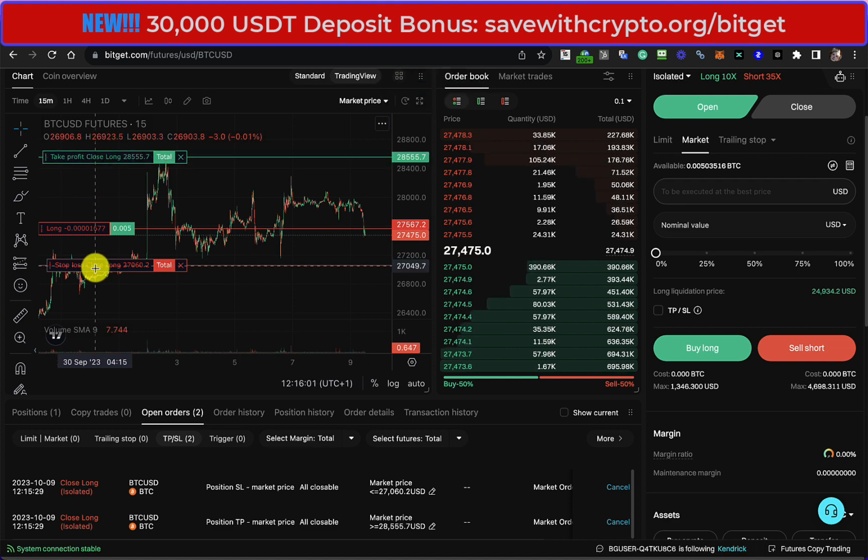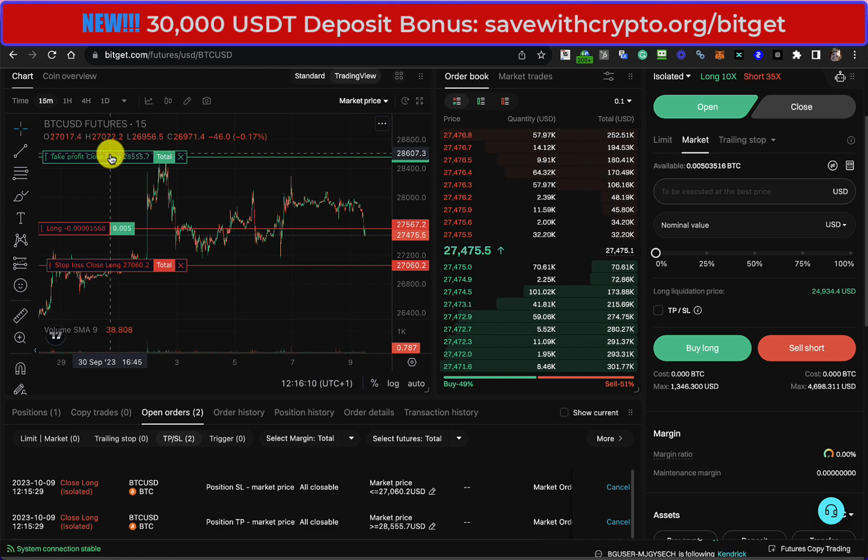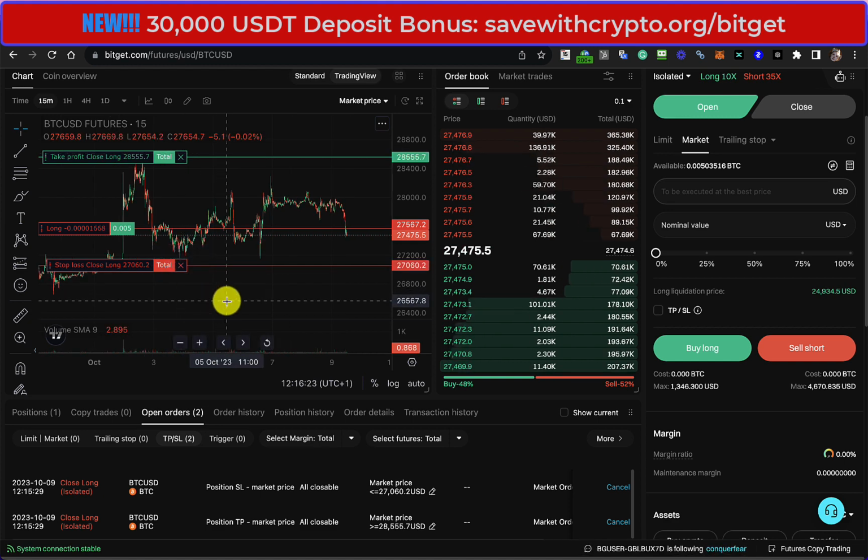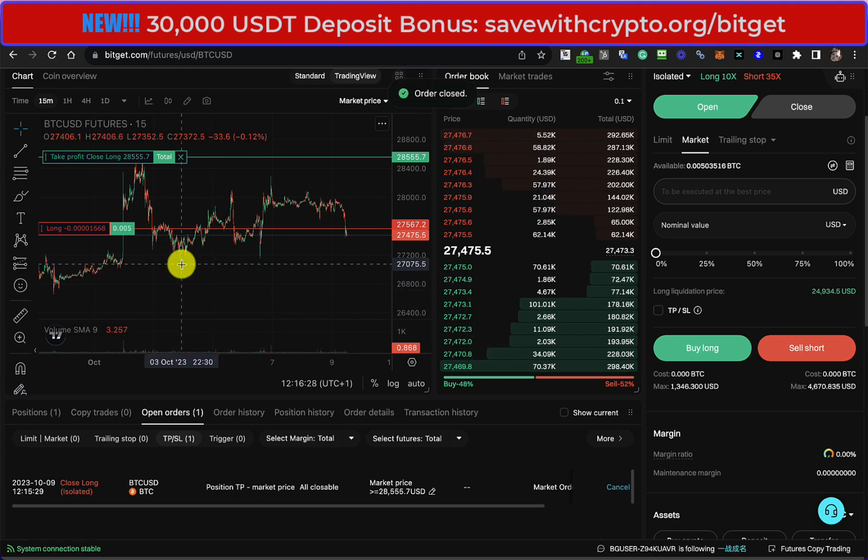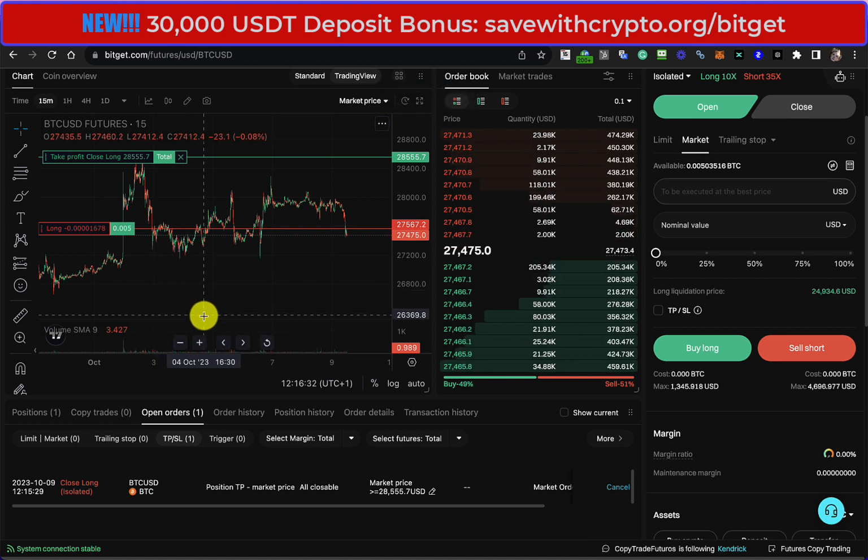But we'll have to talk about stop loss and take profit in a future video, because at the moment I'm just showing you how the platform works and maybe how it differs from ByBit that you might be more familiar with. So I'm actually going to remove this stop loss for the moment because we've got more dry powder, as they say, to build a better position.